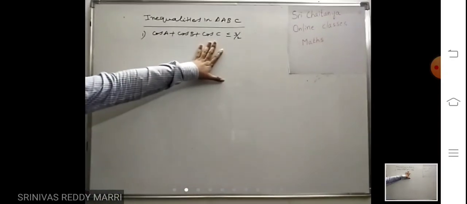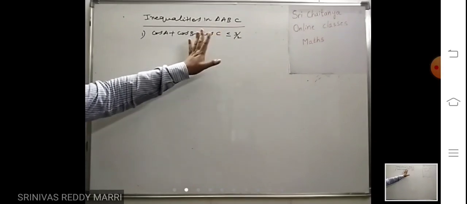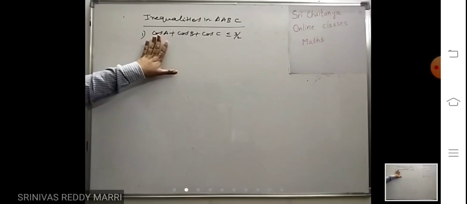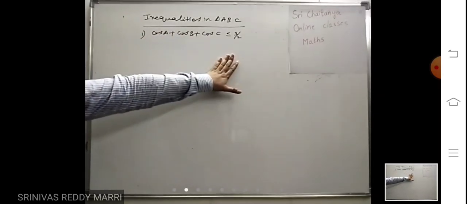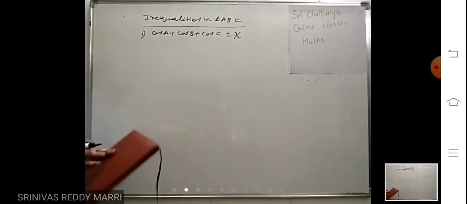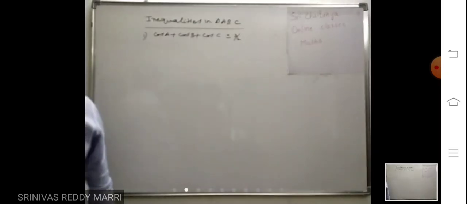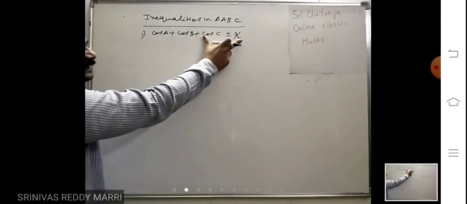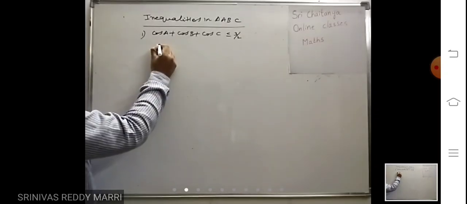Now, the proof of this is not necessary. I will tell it again in the inequalities chapter. For the time being, you remember this. It will take time to explain all those things. Cos A plus cos B plus cos C is less than or equal to 3 by 2.